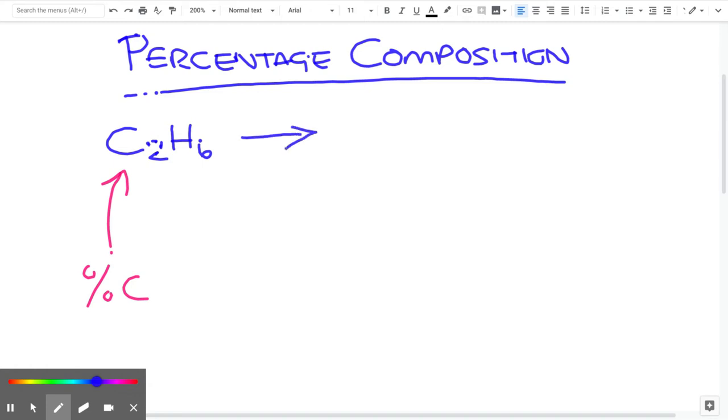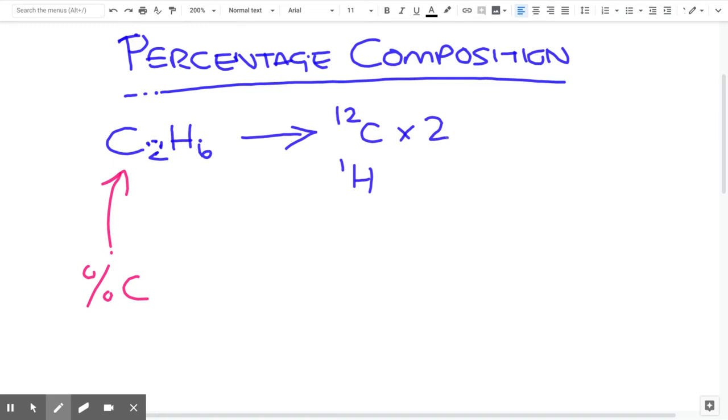So what we need to do is analyze the elements within the compound. We've got carbon 12 atoms and hydrogen 1 atoms within one molecule of an ethane compound. So we have 2 lots of the carbon indicated by the C2, and 6 lots of the hydrogen indicated by the 6.